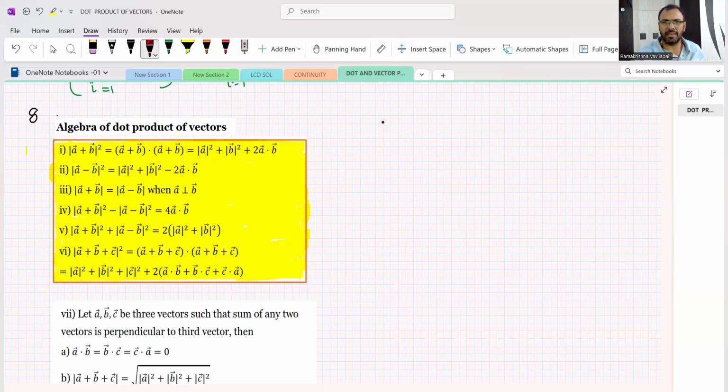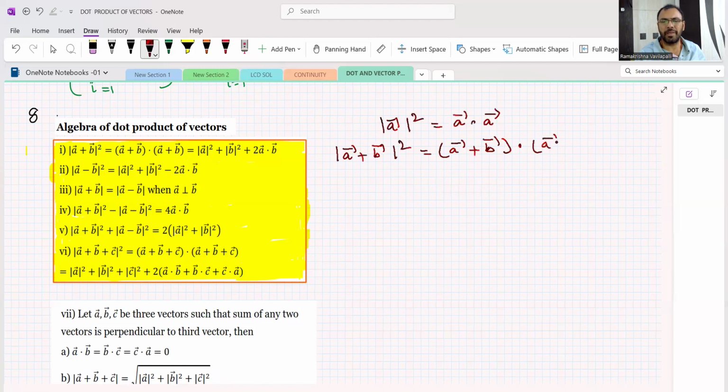So as you know, mod a bar whole square equal to a bar dot a bar. So now, how do we write the modulus of a bar plus b bar whole square? Nothing but (a bar plus b bar) dot (a bar plus b bar). Now do the dot product term by term.